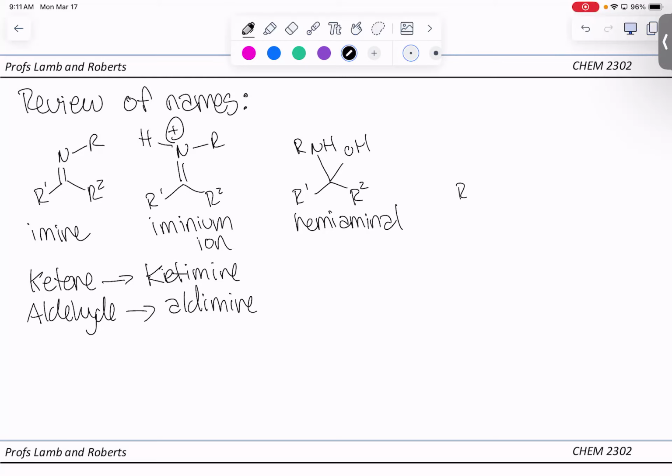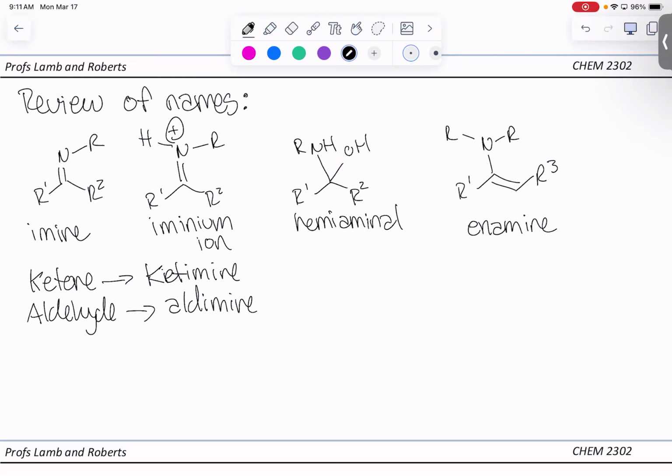And then the final thing that we're going to talk about extensively today is going to be an enamine. You'll hear some people say this is "enamine." It kind of looks like it should be pronounced that way. But as I said previously, I like to remind people that there's an alkene in here.